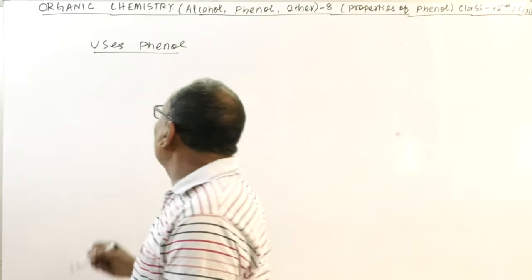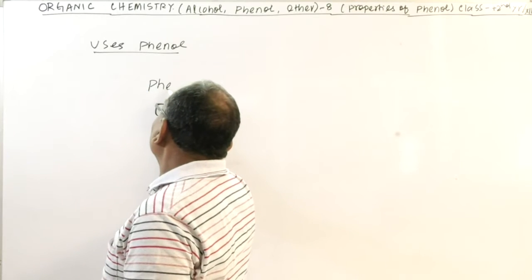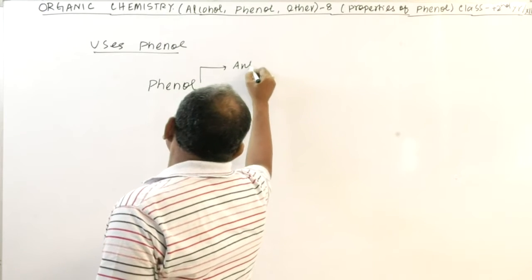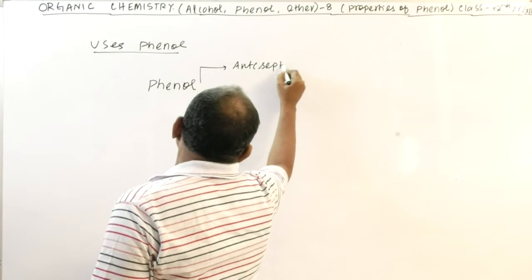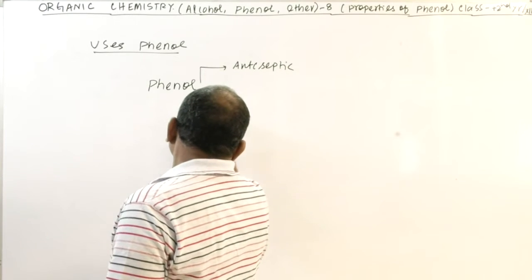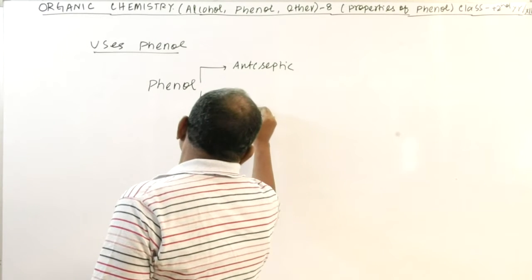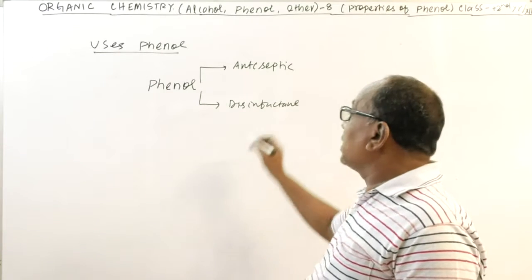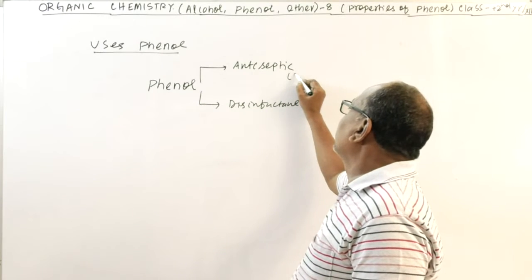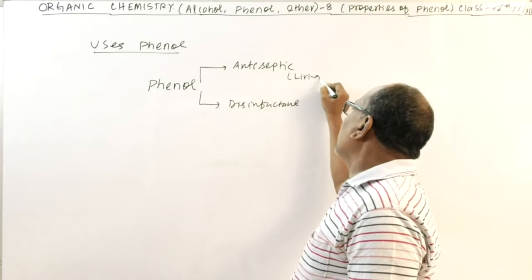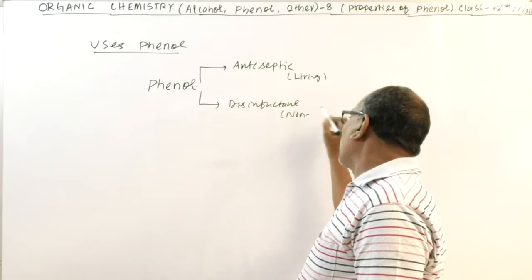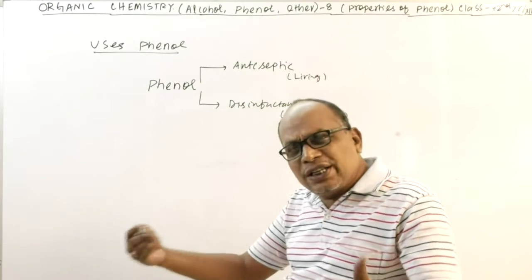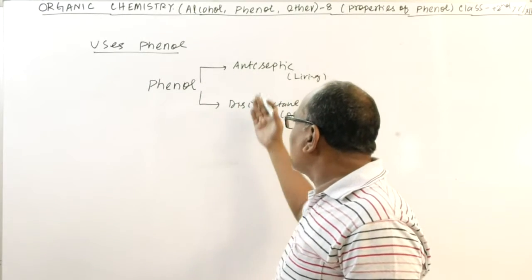So phenol is used as an antiseptic and as a disinfectant. Antiseptic is used for living organisms, disinfectant for non-living. So the function is the same, to kill the germs.